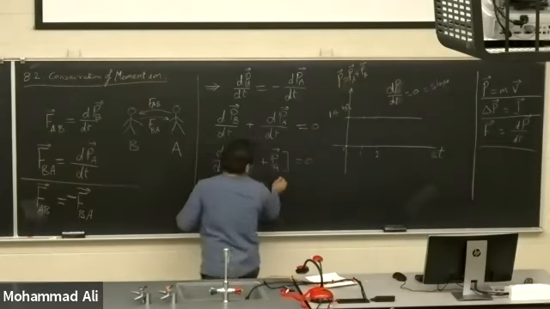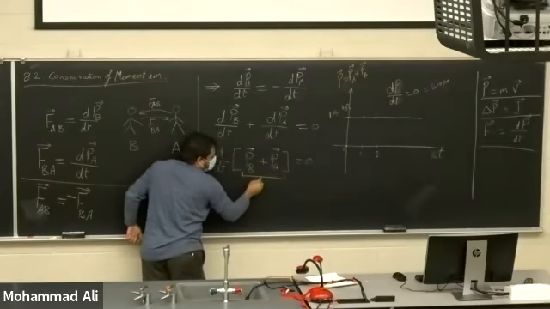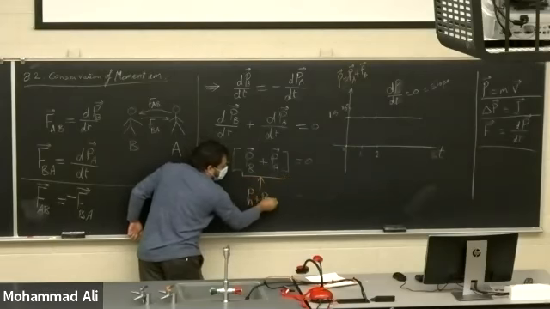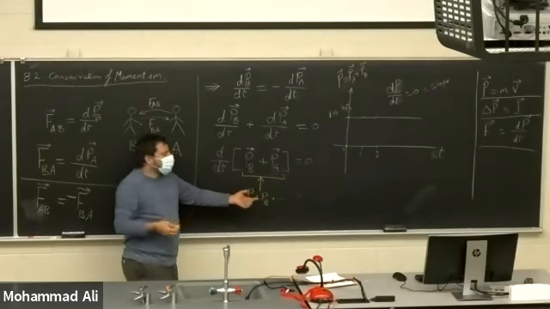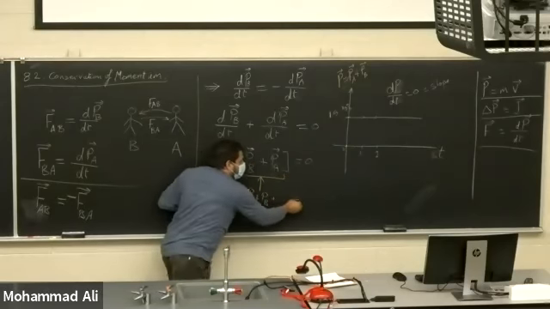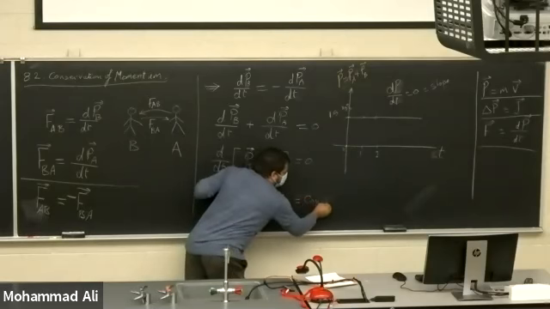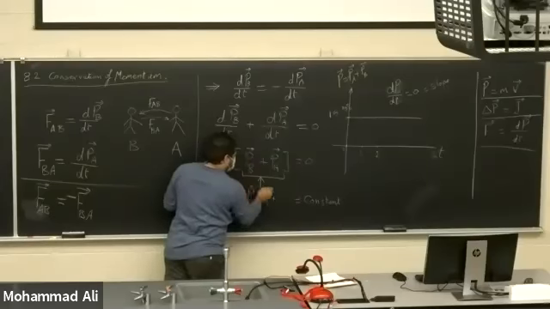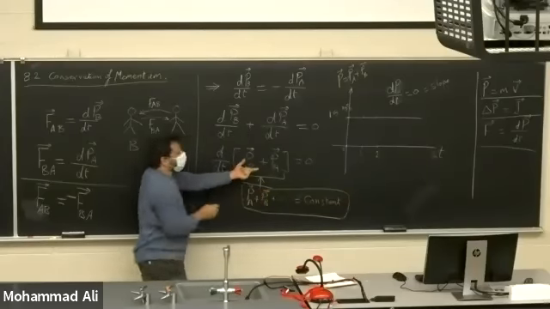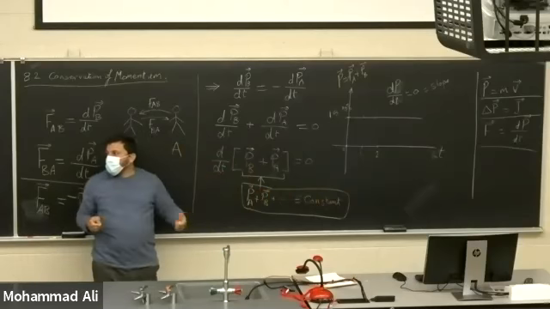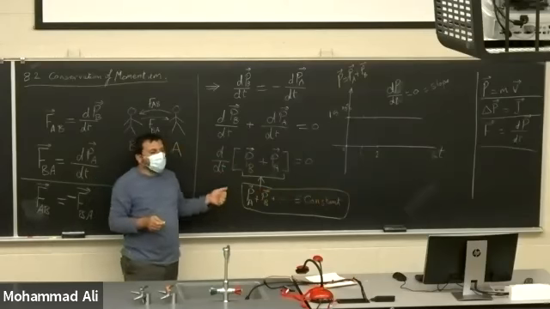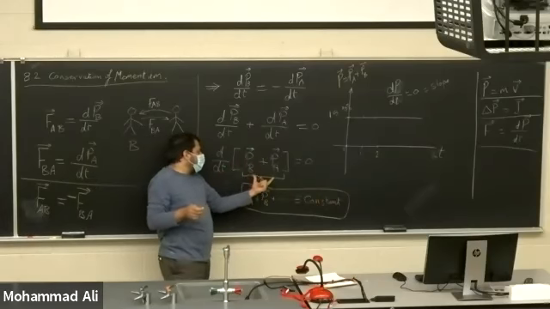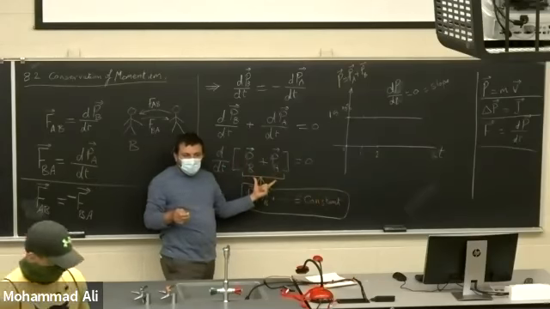That means P_A plus P_B plus whatever we have inside here is equal to a constant, as vectors. Maybe we have more than one object. Any derivative equal to 0 means that the function inside the derivative is constant.